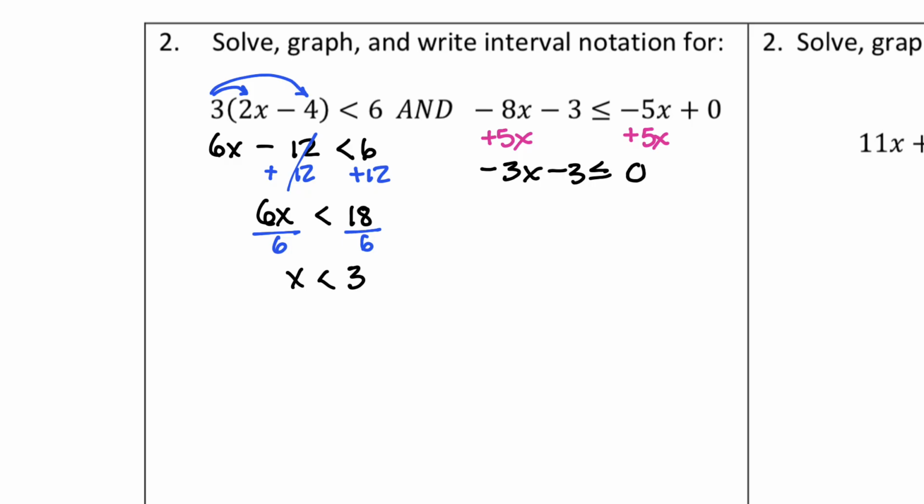Next we're going to add 3. Those cancel. We get negative 3x is less than or equal to 3. Divide by negative 3. That should be a flag because we're dividing by a negative. Flip it over, and there we go.